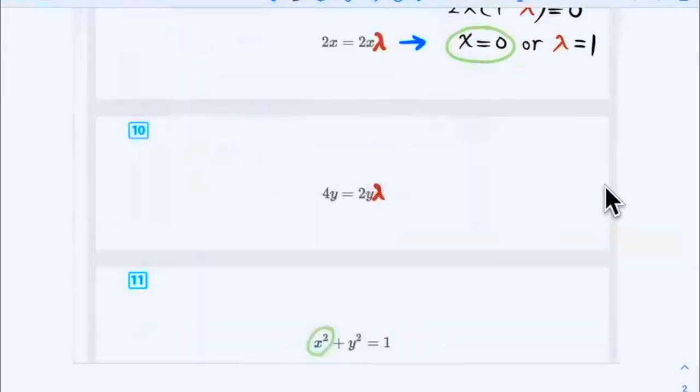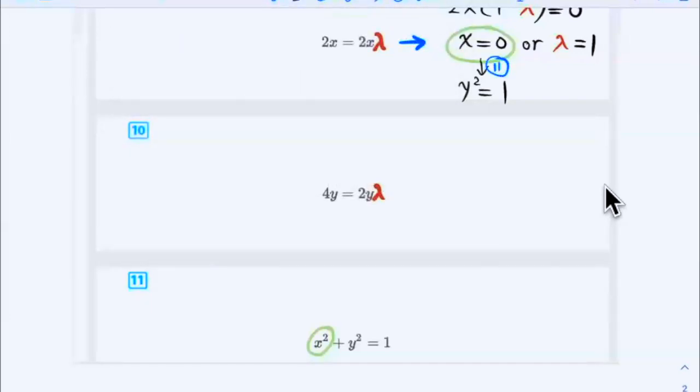So let me write it down. If x equal to 0, from this equation down over here, we're going to get y squared equal to 1, from equation 11.